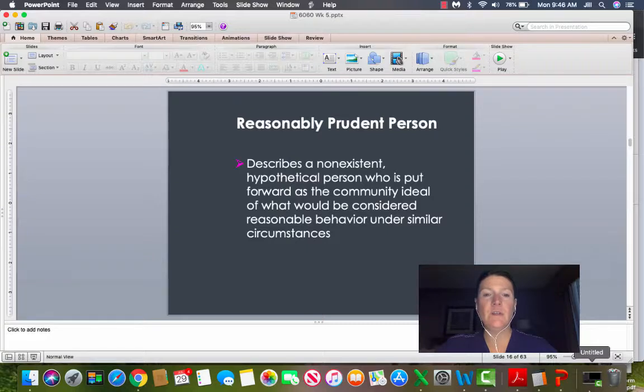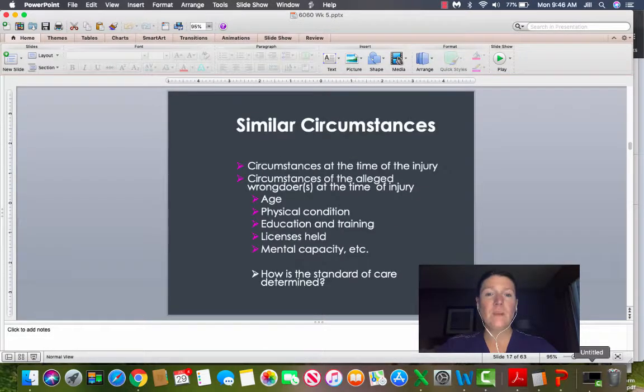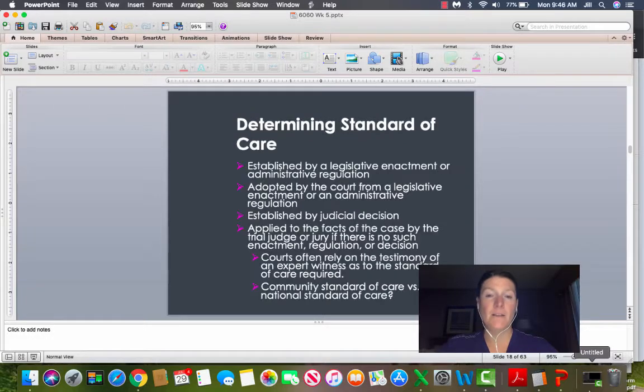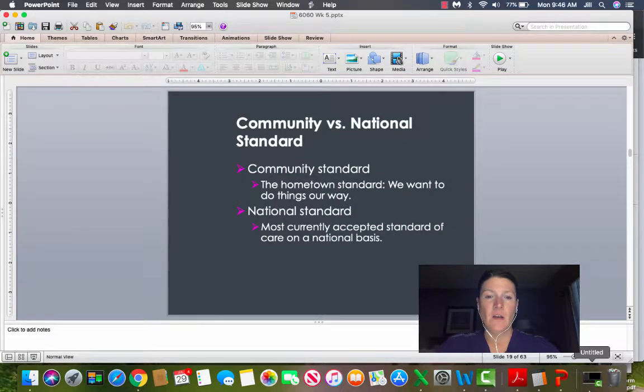So would a reasonably prudent person have thought there was a duty to care, have seen that breach of duty, have understood the injury, etc. So it's a hypothetical, non-existent person, but they are the community ideal. They are the one who considers what things are reasonable and what things are not. So that's how that goes forward.